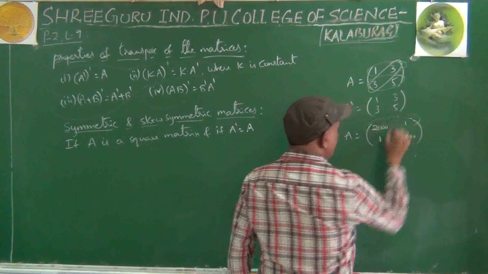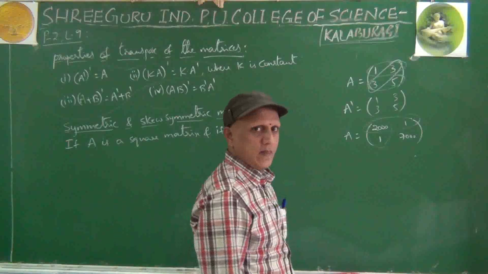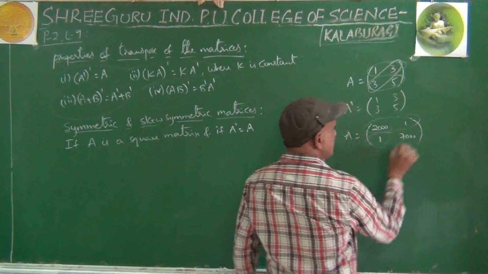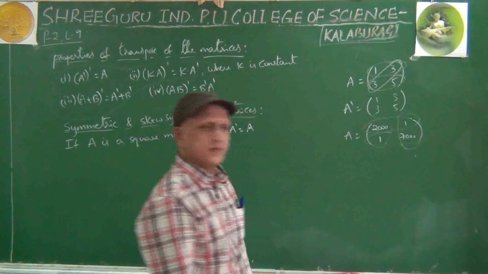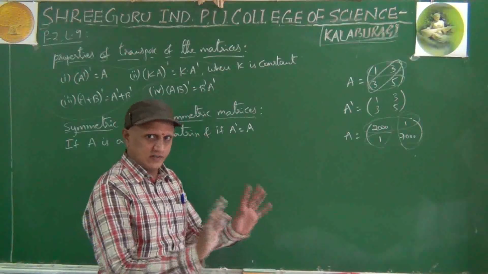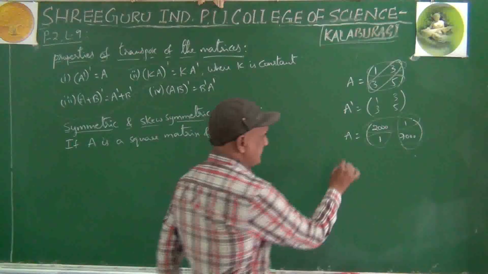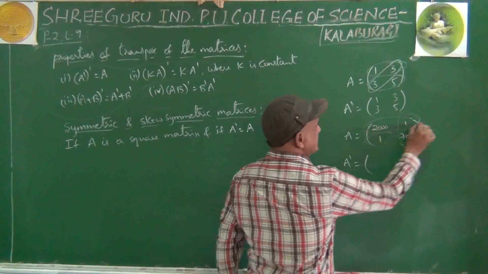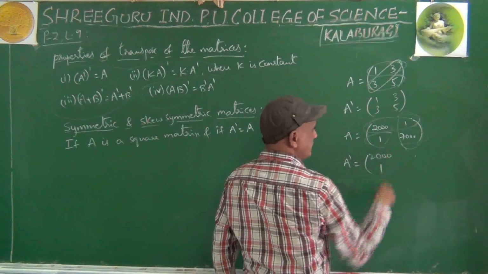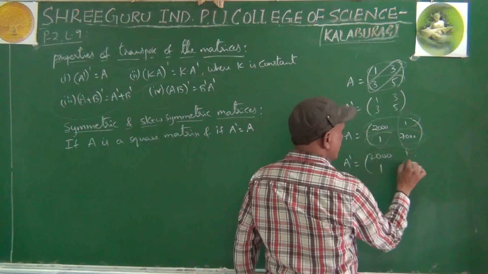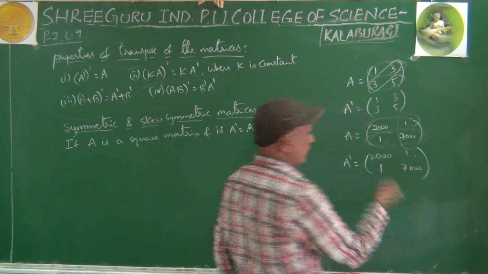First row, first column, both are same. Second row, second column, both are same. Slowly, you find the transpose. First row, first column; second row, second column, both are same, right?